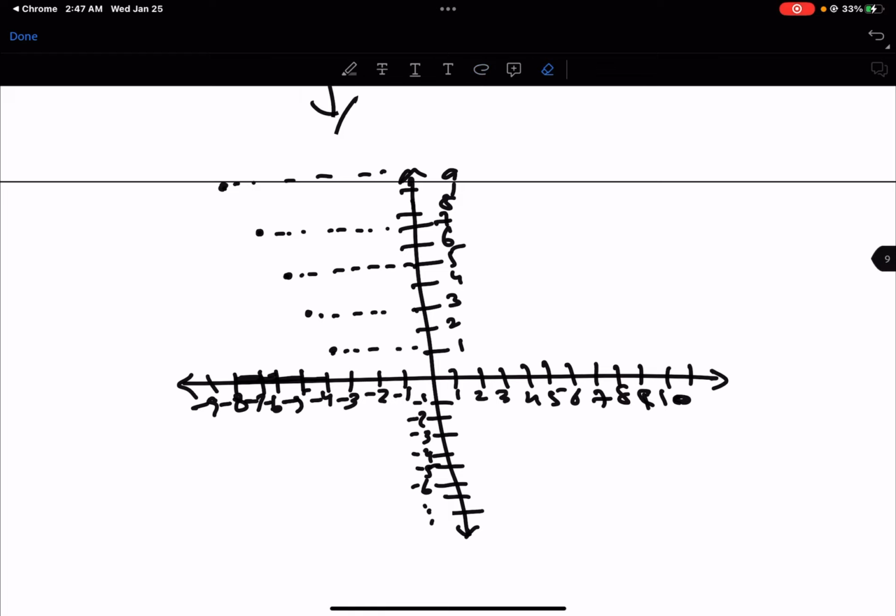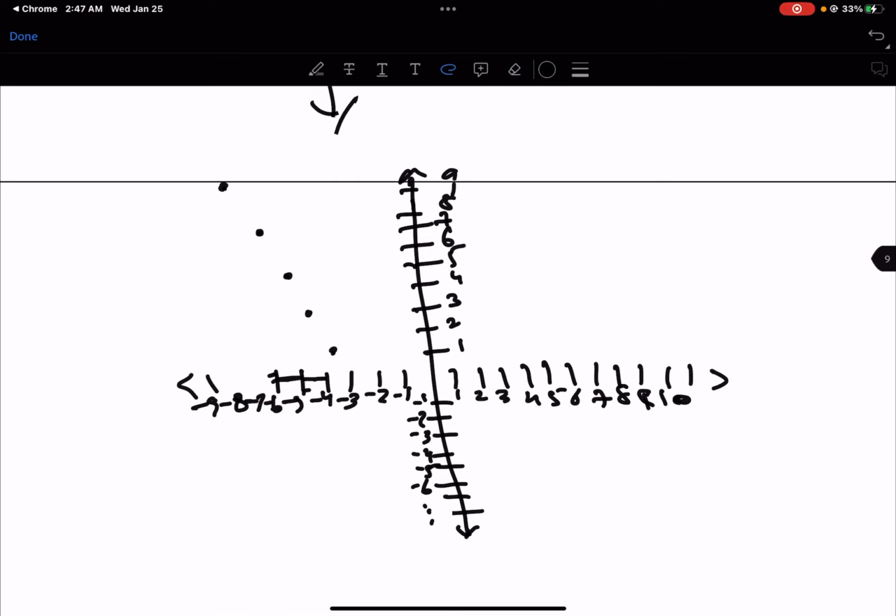Okay, so for every 1 unit change in value of x, there is a 2 unit decrease in the value of y.